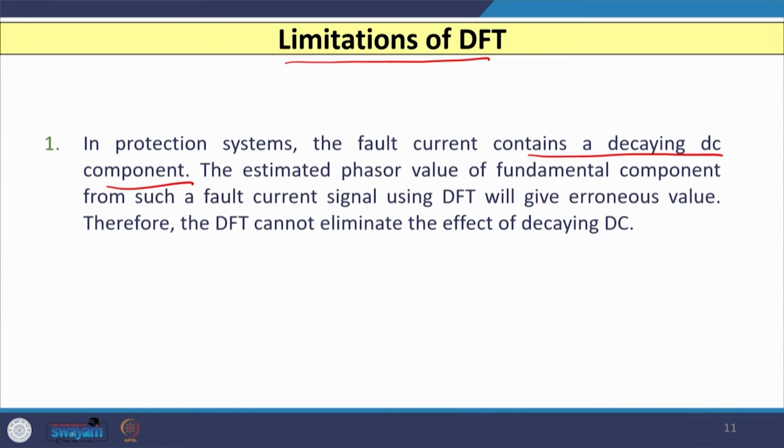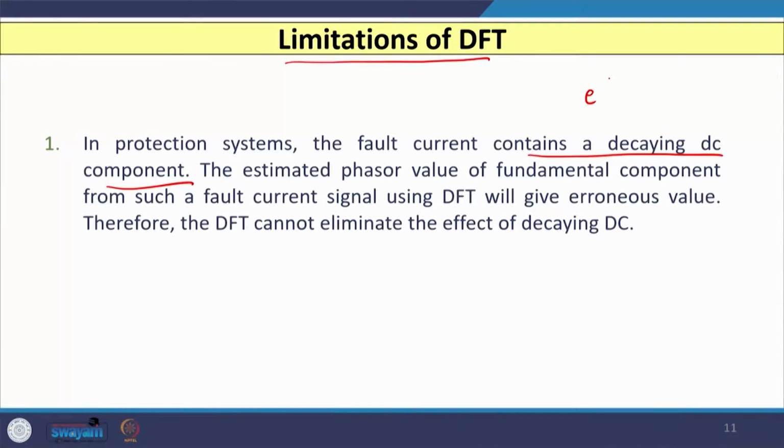This is possibly present when we acquire the signal during a fault condition. Whenever we acquire the faulted signal, let us say the current signal, it contains a decaying DC component, which is nothing but given by the term e raised to minus RT by L.